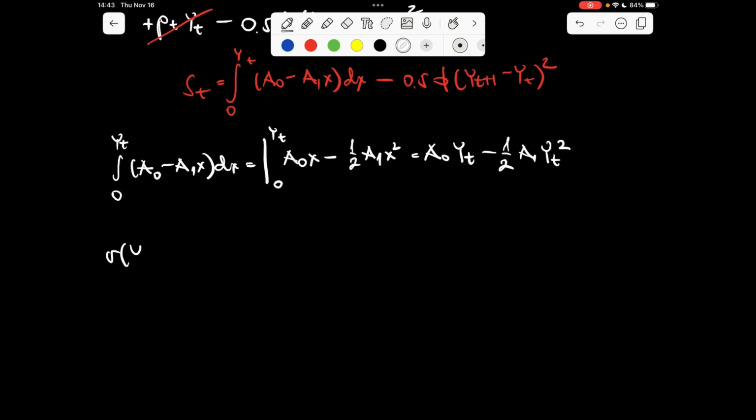So the Bellman equation, not the one period return function, the first half of the one period return function. So all in all, the Bellman equation for the social planner is the following equation.